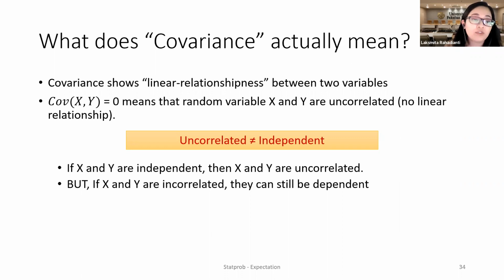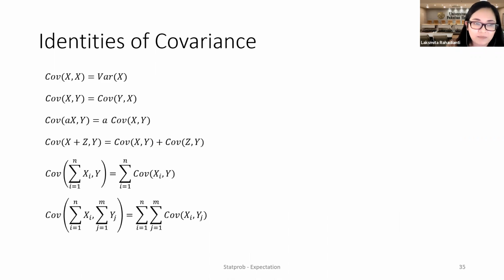So if you can prove independence, then you can prove uncorrelation. But if you can prove uncorrelation, then you cannot prove independence. So these are some identities of the covariance. These are some rules that you can use to derive or simplify covariance equations.